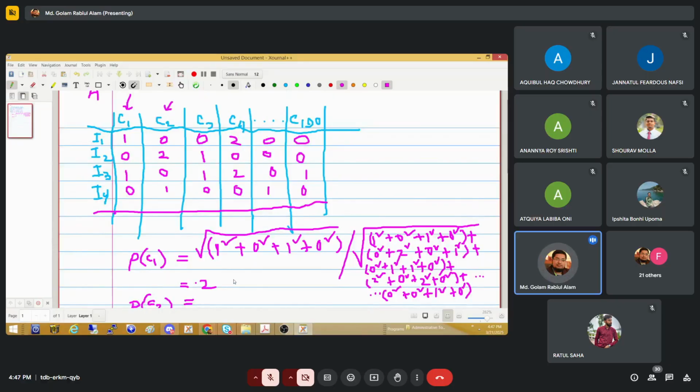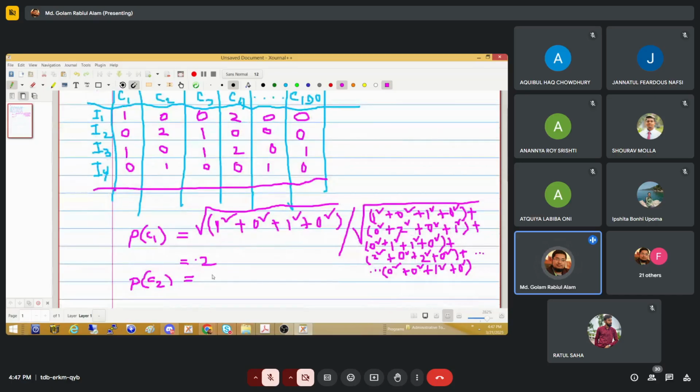So in that case, it will be the square root of 0 square plus 2 square plus 0 square plus 1 square, and then divided by the same value. Let's say this one is maybe 0.3.